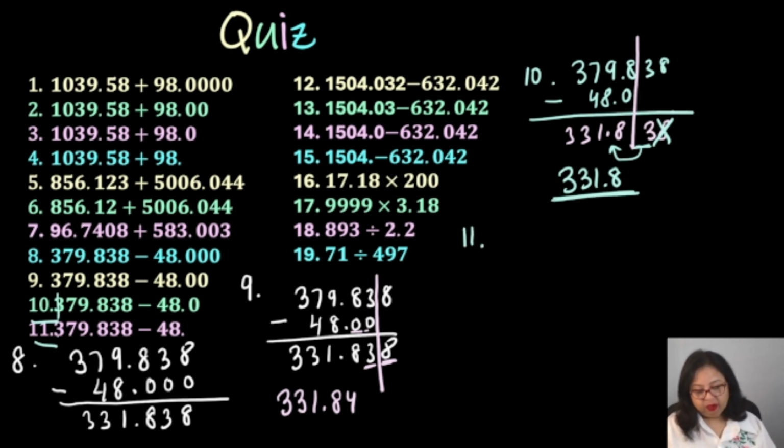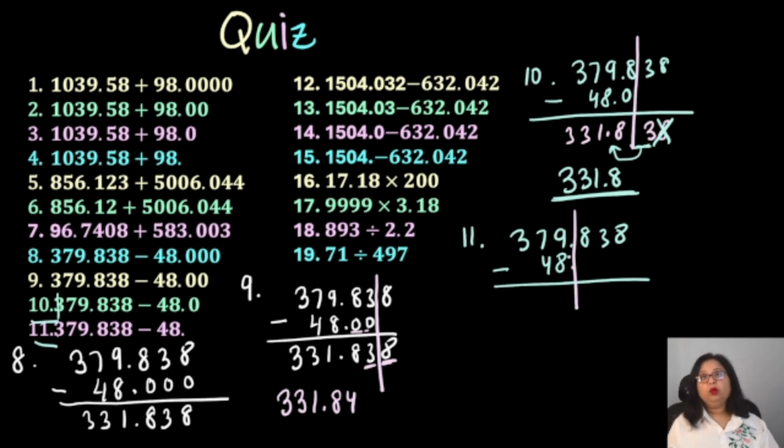Number 11. 379.838 minus 48. This will be rounded off to no digit after the decimal. So this will give us 331.838, correct? So we want nothing after the decimal.